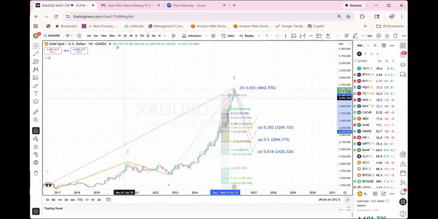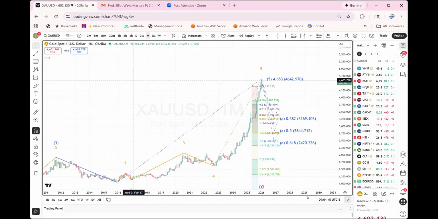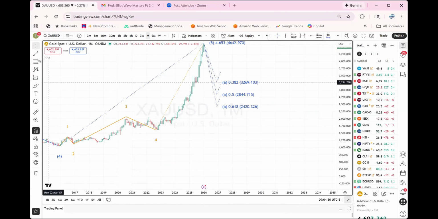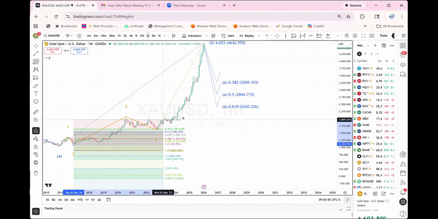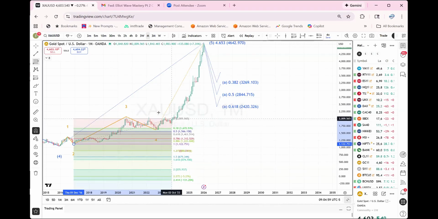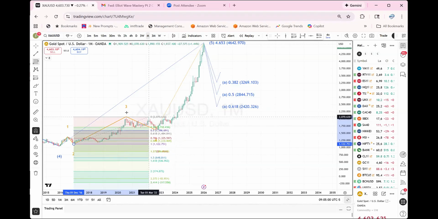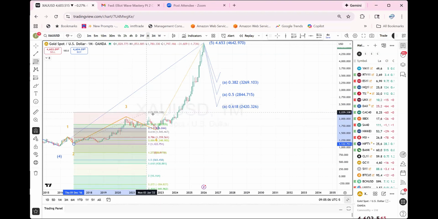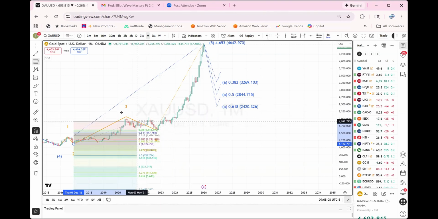And let's see if it makes sense over here. Let's draw the Fibonacci retracements from here to here. I don't know why it's doing that.